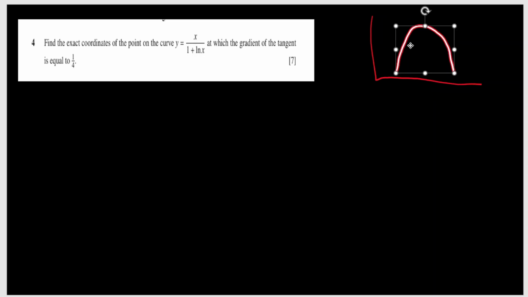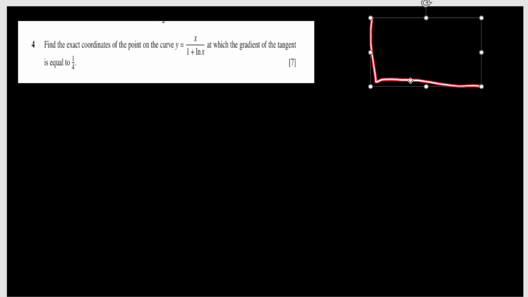I'm removing this over here. So differentiating with respect to x is our first step. We know what this is. This is simply the quotient rule, u over v.